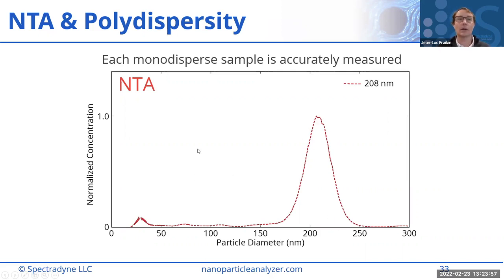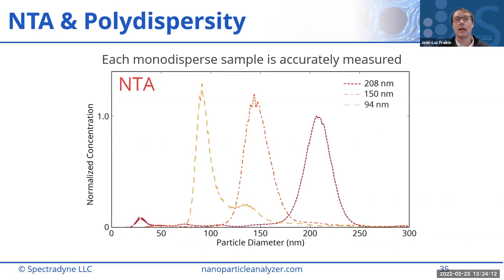The diameter's right, and the concentration, which we've normalized here, comes out as expected. We can do the same thing for a monodispersed 150 nanometer particle and get the same result: a nice well-defined peak, and the concentration comes out about as expected. Same thing for 94 nanometers, and you could continue this down, as long as the particles are scattering strongly enough, to a few tens of nanometers, even for gold particles, for example.